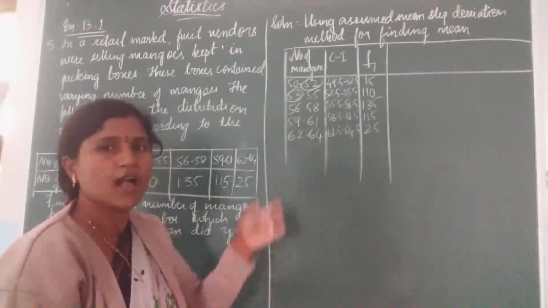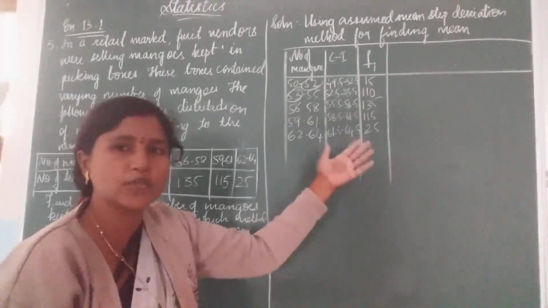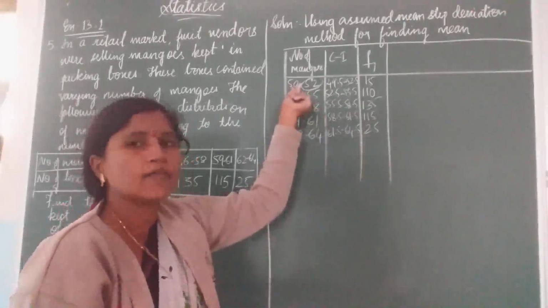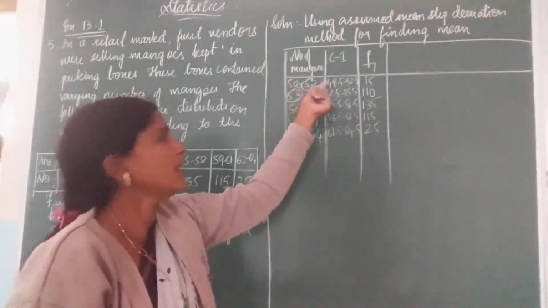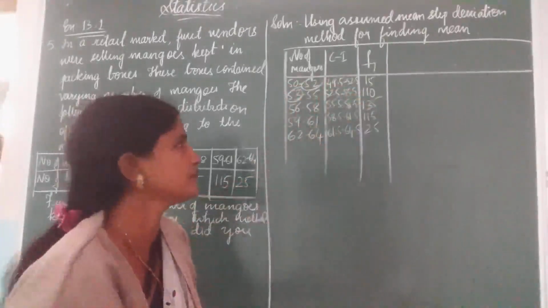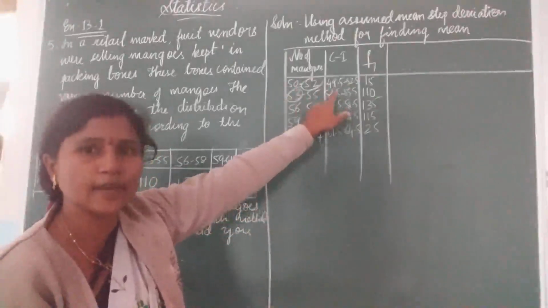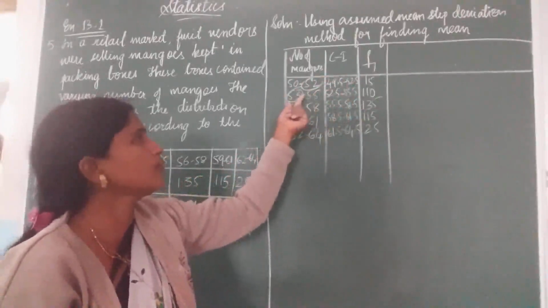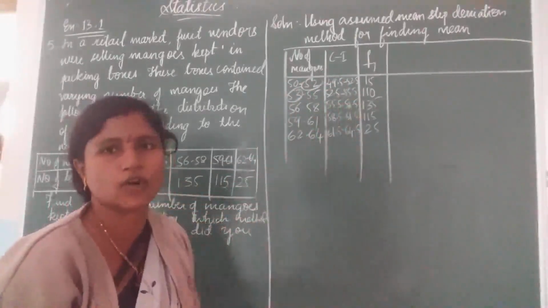Divided by 2, 1 by 2 is 0.5. You have to subtract 0.5 from the lower limit, 50 minus 0.5, and add 0.5 to the upper limit, 52 plus 0.5. So we get 49.5 to 52.5. In the same way, repeat it: 52.5 to 55.5. The class intervals are recorded the same way.